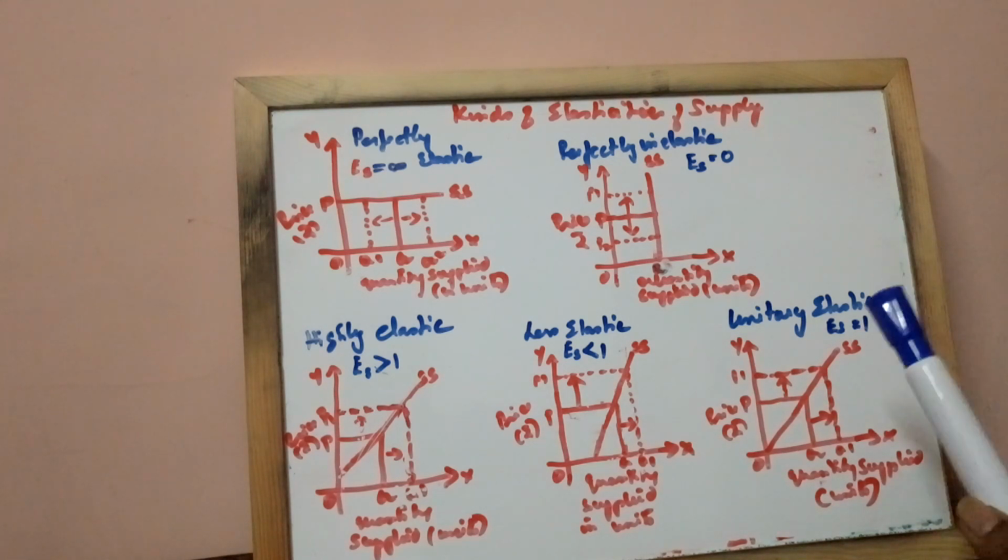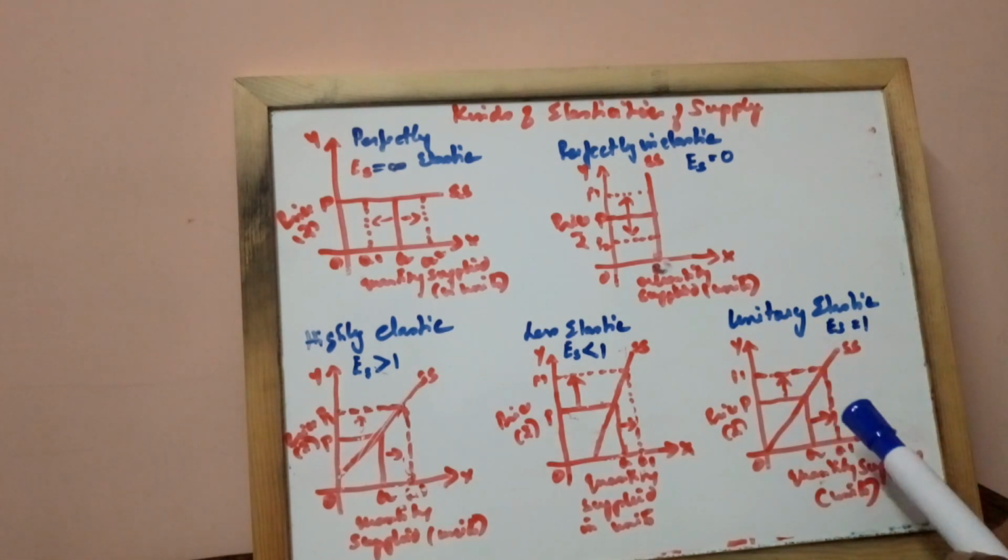So the change in quantity supplied and change in price are the same. And any straight line supply curve which passes through the origin is unitary elastic supply, irrespective of the angle it makes with the origin.